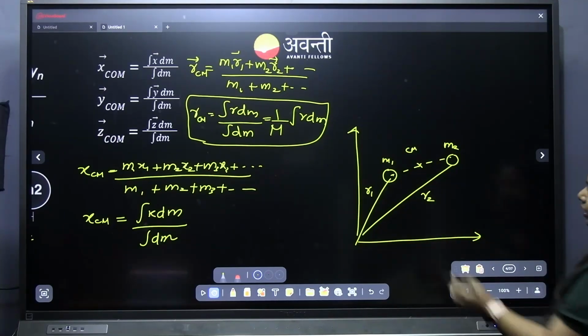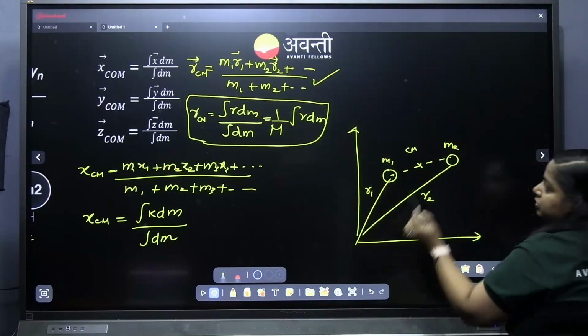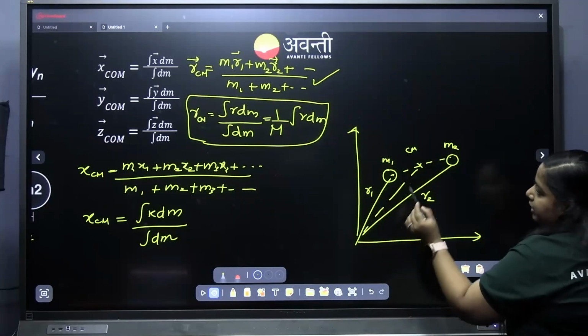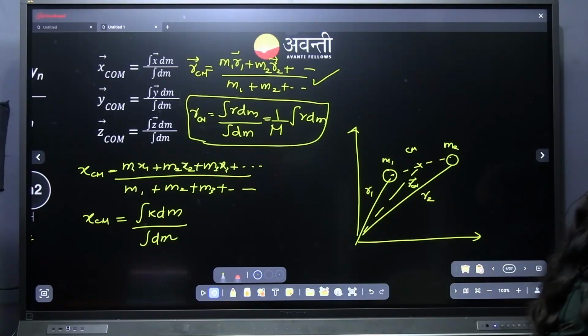How to find that? If you use this formula, you will get this vector RCM. Understood?